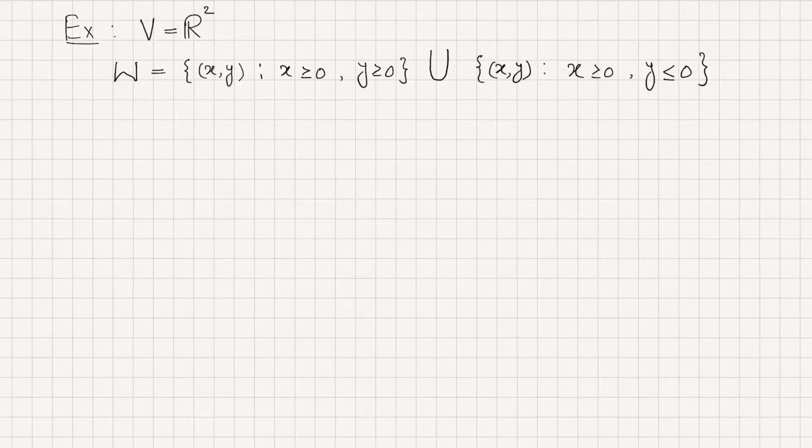So W is a subset of R2 which is the union of two sets satisfying these conditions.